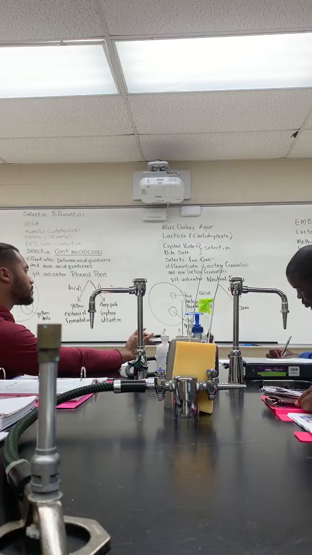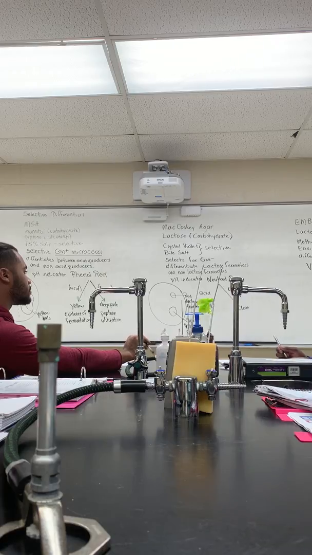And E. coli always gives you that green metallic sheen. So that's what they're looking for. So if it's a vigorous fermenter, you always get the deep purple, but with E. coli, you get that green metallic sheen.